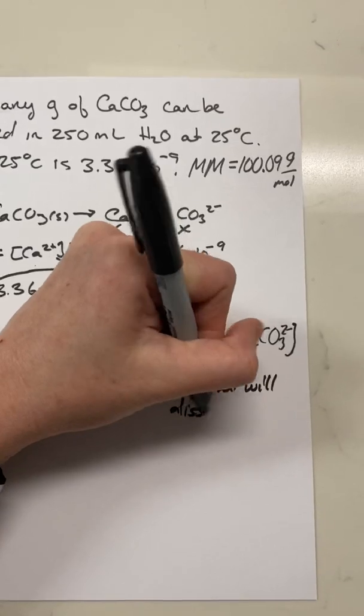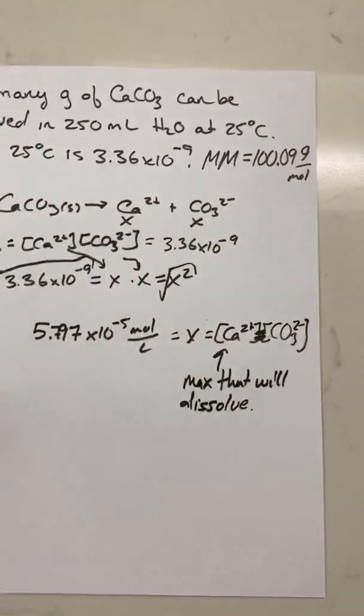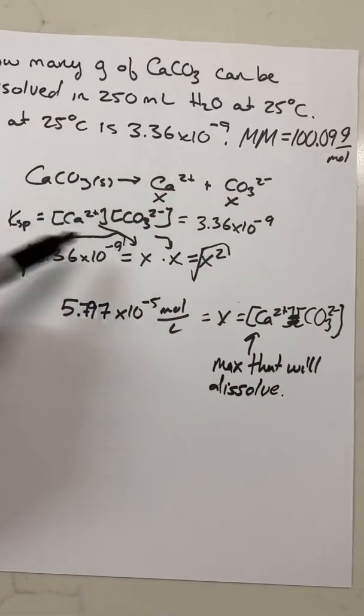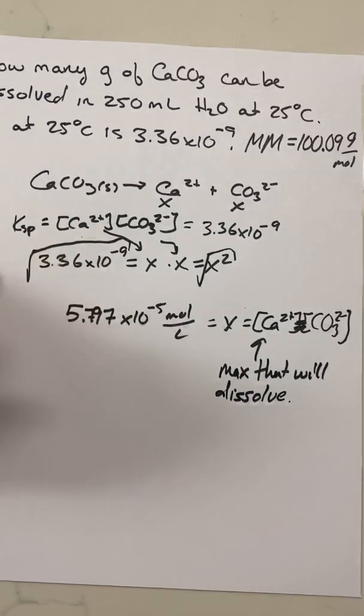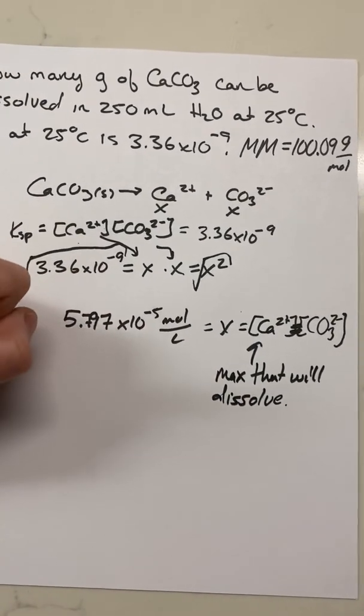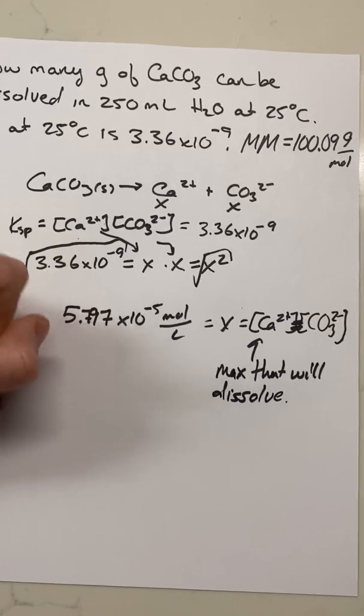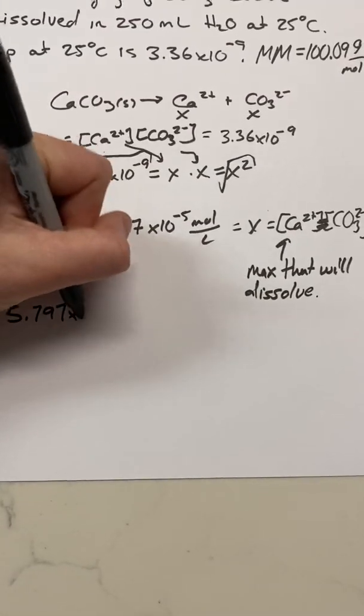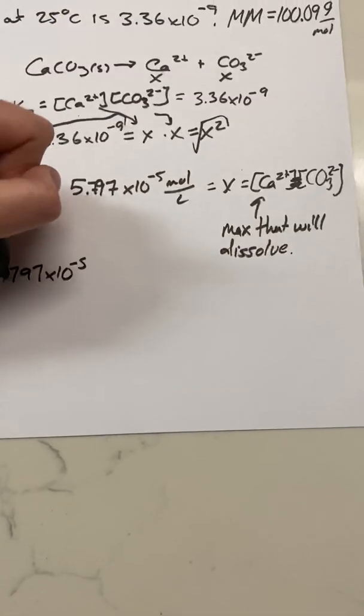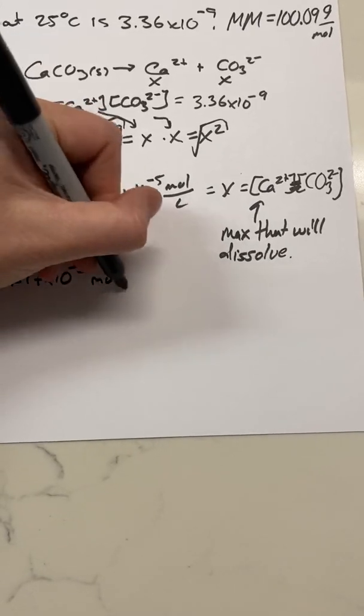Well, if we know the maximum amount of the ion that will be present, we can figure out the maximum amount of this solid over here. So we can work backwards. We know that there are 5.797 times 10 to the negative 5 mole per liter.